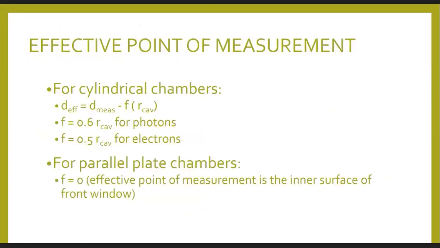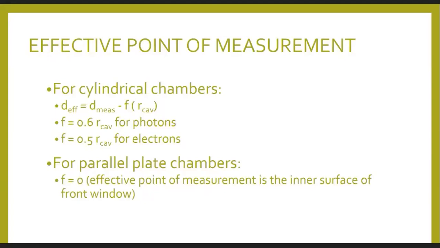For a cylindrical chamber, the effective point of measurement is equivalent to the depth of measurement minus 0.6 R cavity, where R cavity is the radius of the cylindrical chamber, for photons.